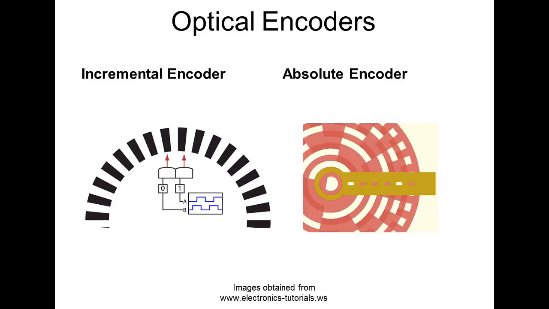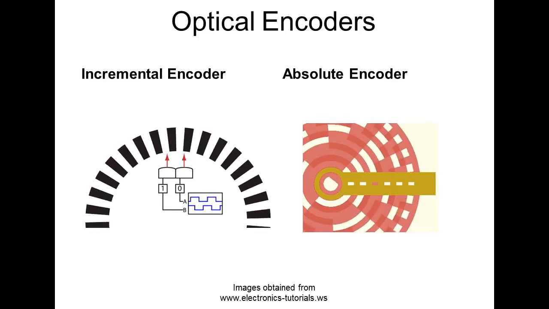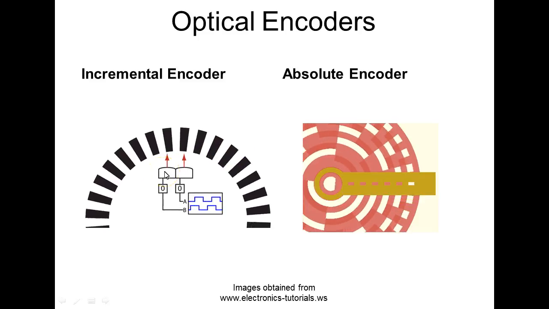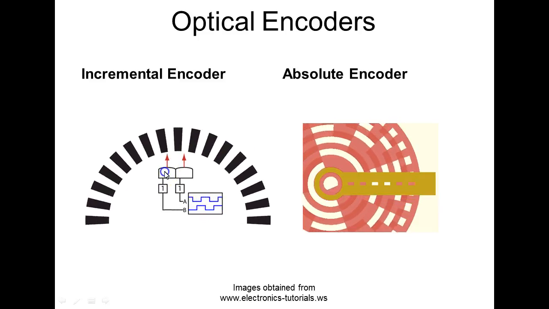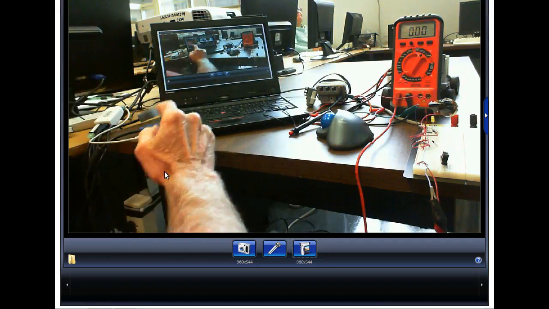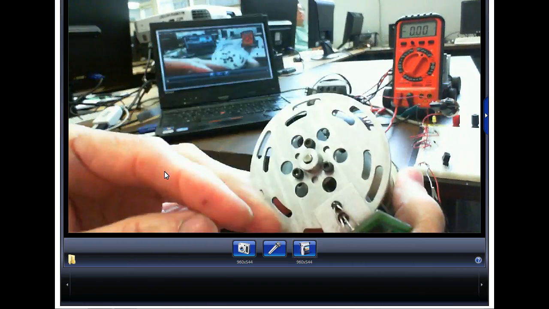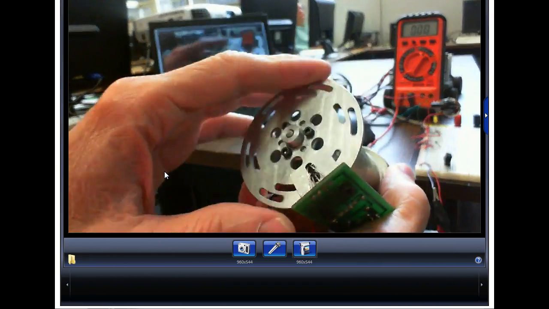This, by the way, is an incremental encoder. This was the first robot that the college ever bought, and it had DC motors, and then the encoder was on the back.